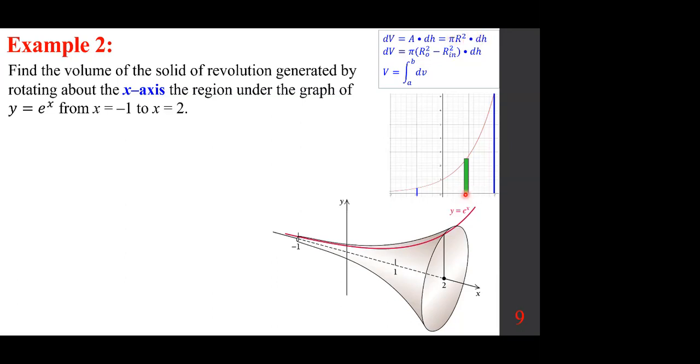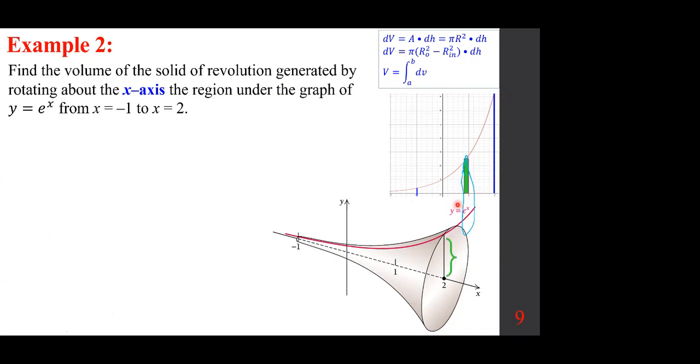So look at this vertical strip. When you revolve that, it gives you this disk. Pi r squared dh. dh obviously is dx, and the r is the y coordinate.